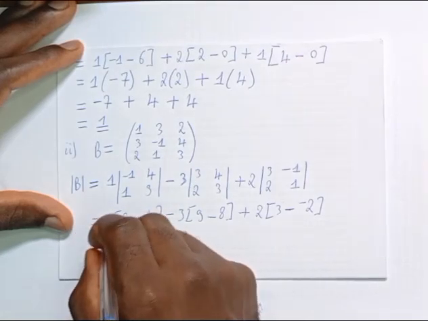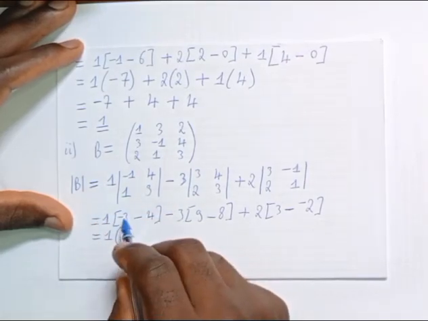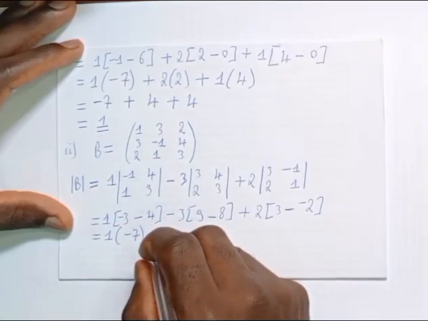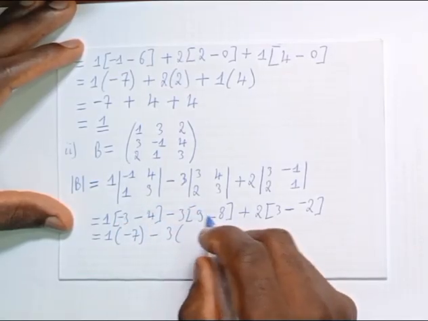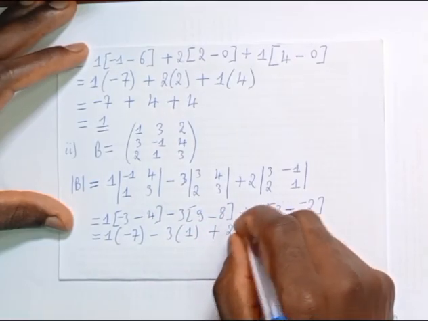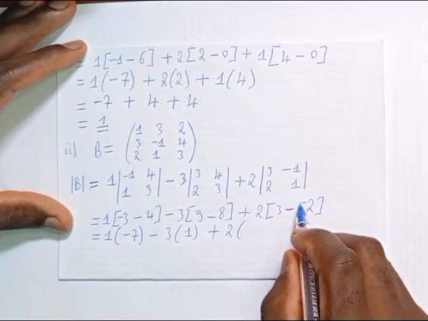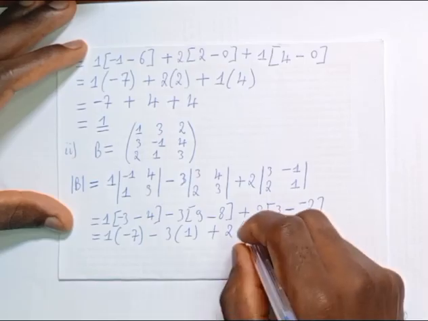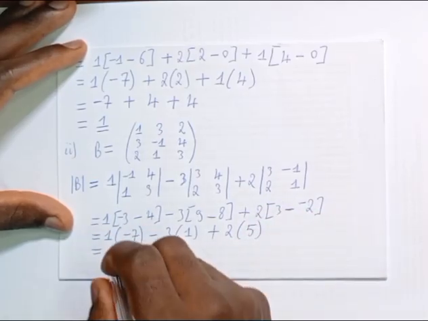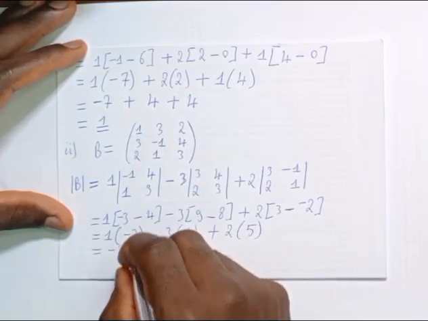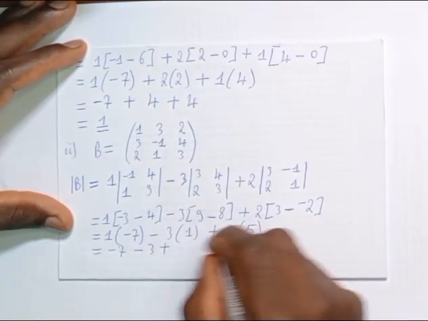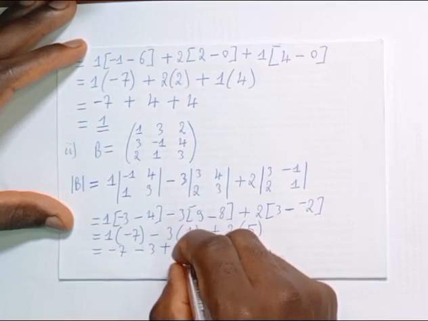This is simply equal to 1 times negative 3 minus 4 gives us negative 7, minus 3 times 9 minus 8, which is 1, plus 2 times 3 minus negative 2 is the same as 3 plus 2, which is 5. This will simply be equal to 1 times negative 7 gives negative 7, minus 3 times 1, which is 3, plus 2 times 5, which is 10.